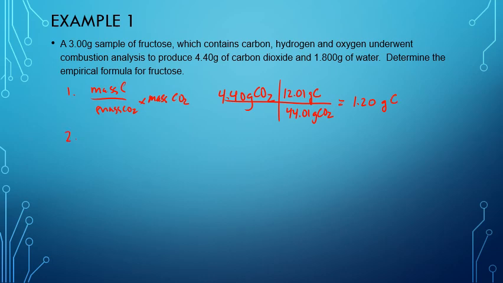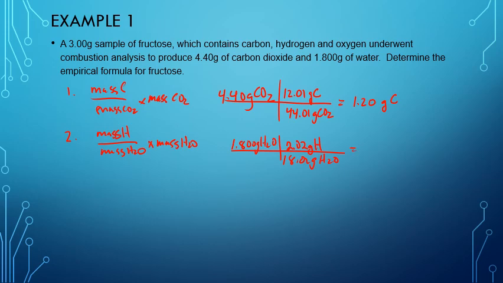Next, for the hydrogen, I take the mass of the hydrogen divided by the mass of the water, and multiply that times the mass of the water. That will give me the mass of the hydrogen. So I have 1.800 grams of water. For every 18.02 grams of water, we have 2.02 grams of hydrogen.